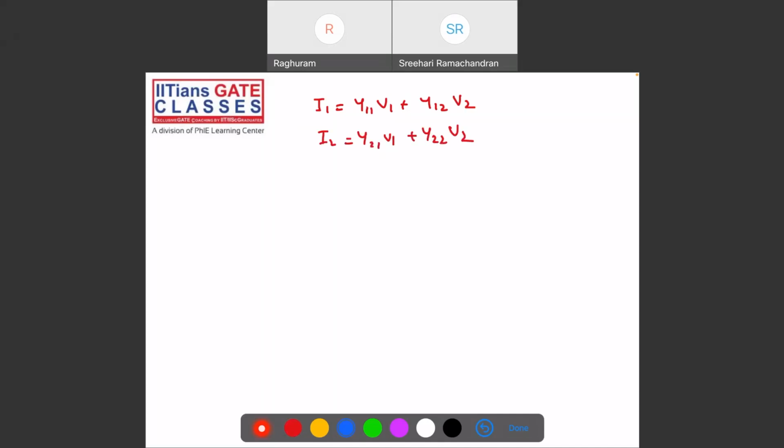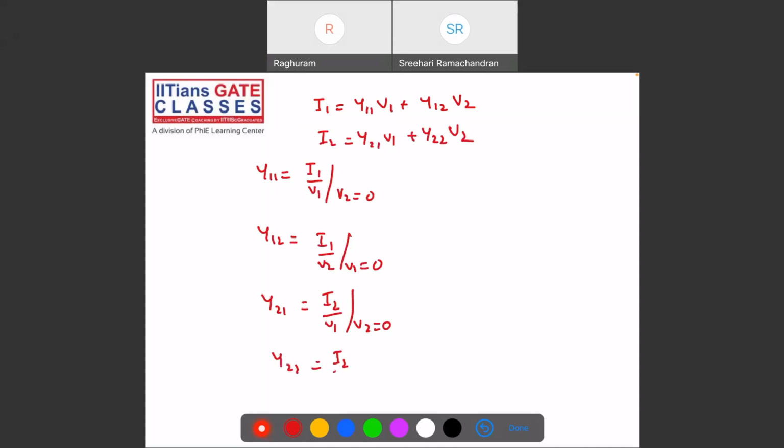Again, if I write this down, Y11 is equal to I1 by V1 at V2 is equal to 0. Similarly, Y12 is equal to I1 by V2 at V1 is equal to 0. Y21 is equal to I2 by V1 at V2 is equal to 0.